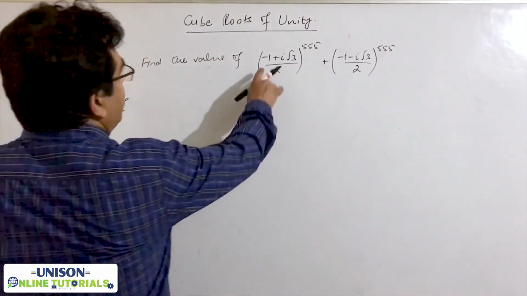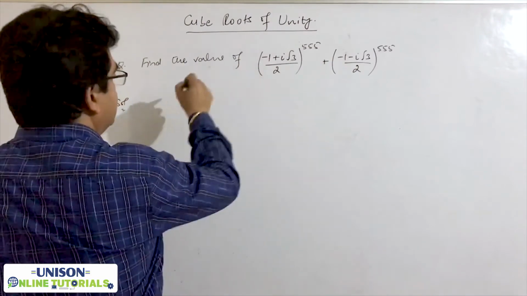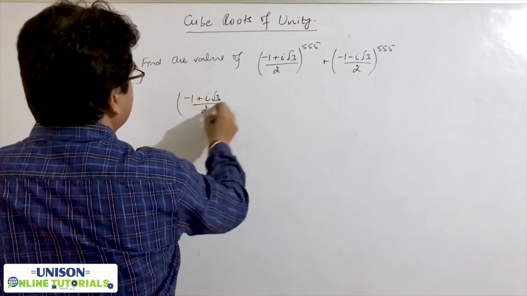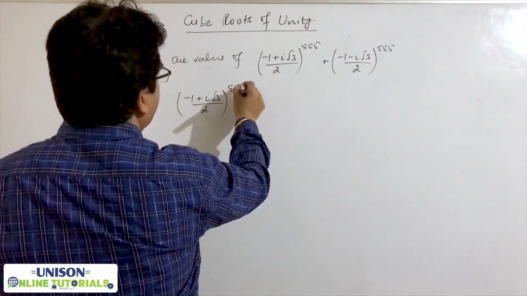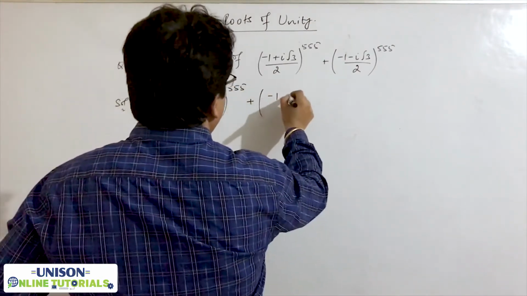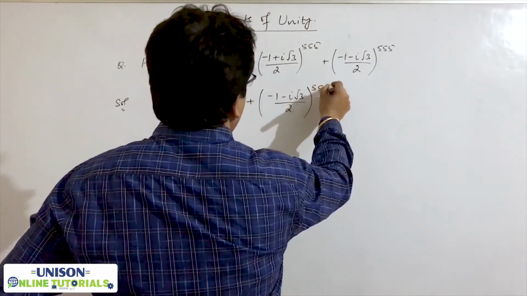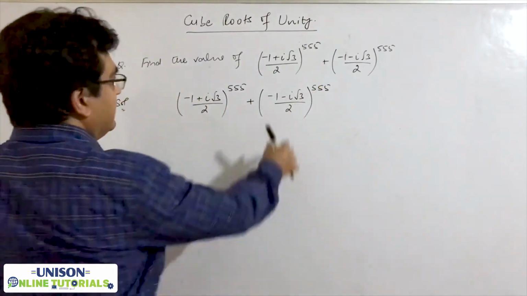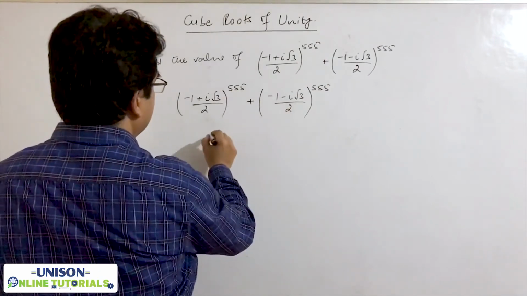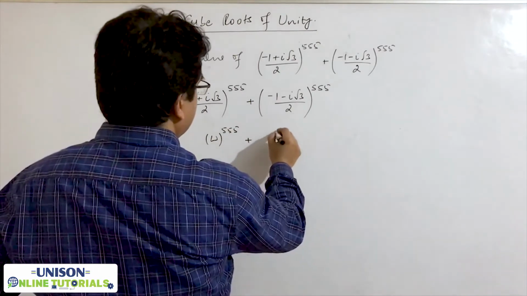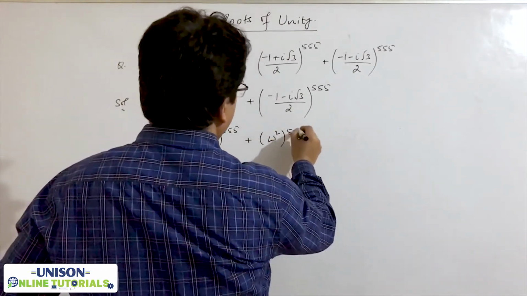Now we know what this is, this is omega. We know minus 1 plus iota root 3 by 2 is omega. And what is minus 1 minus iota root 3 by 2? This is omega square. So it is omega power 555 and omega square power 555.